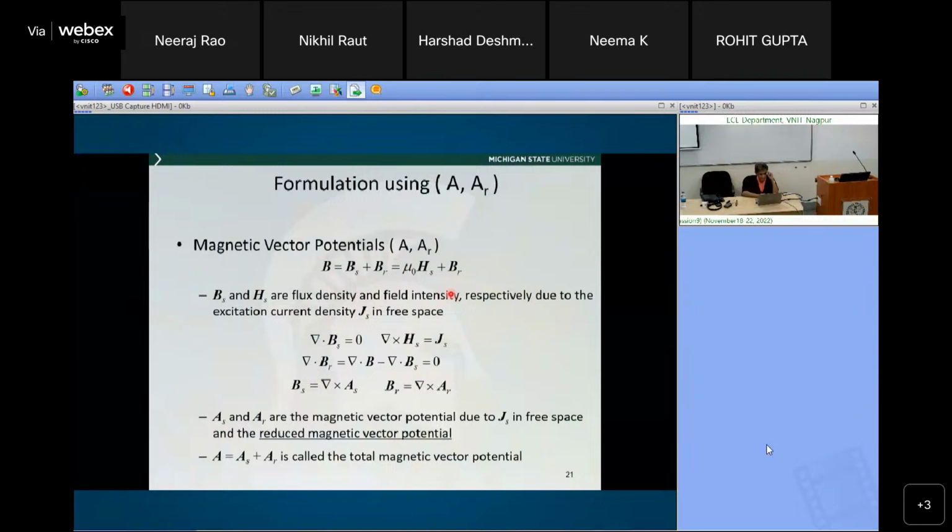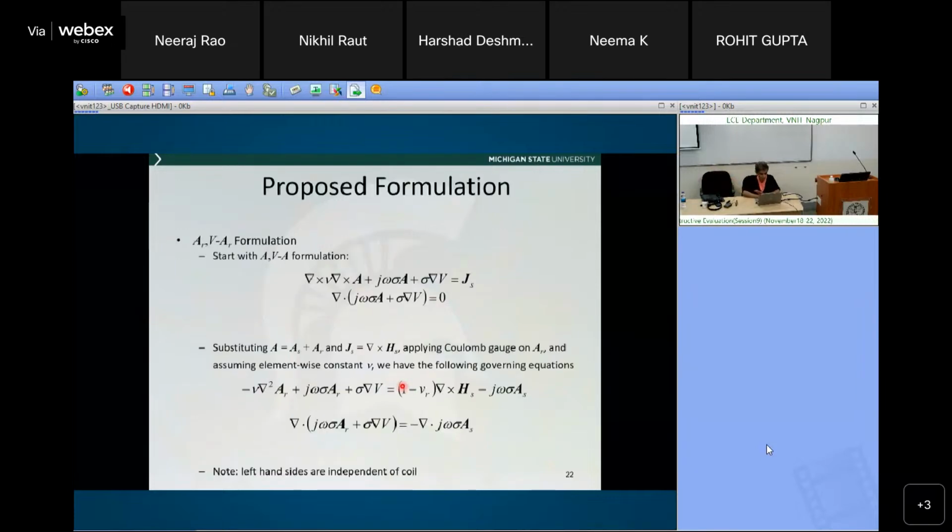These are the flux density and field intensity with respect to the current density Js, which is the coil current, and these are all the equations for the source. This is just for getting the total equations. By eliminating the source terms, we put all of them on the right-hand side, as you'll see over here.